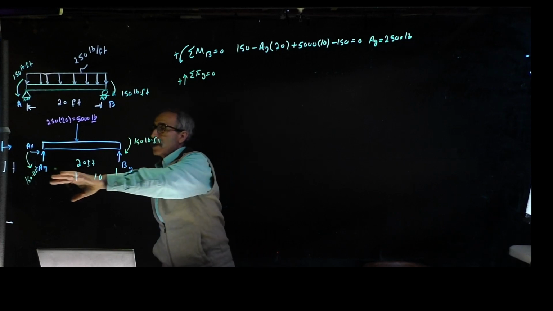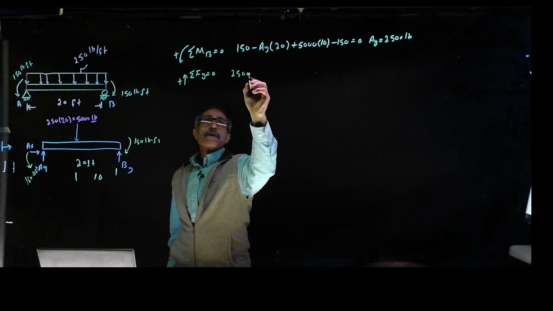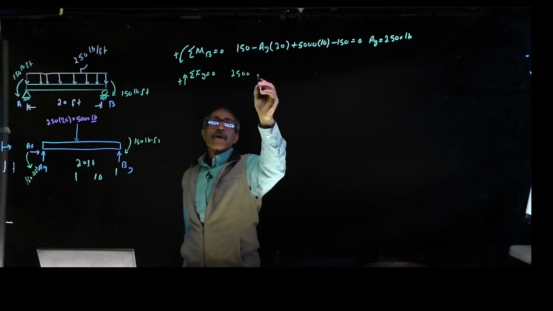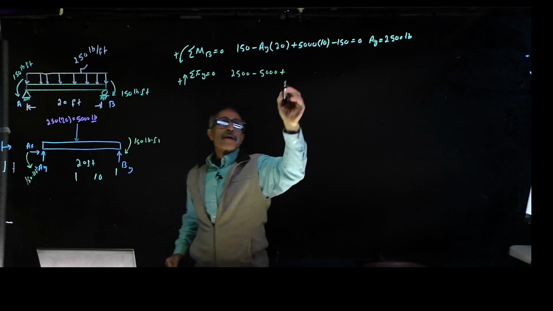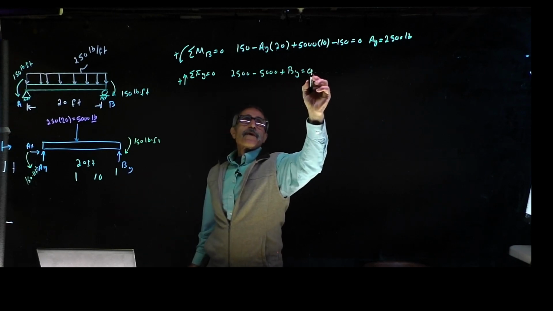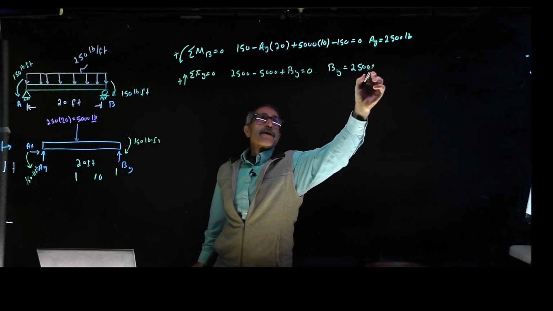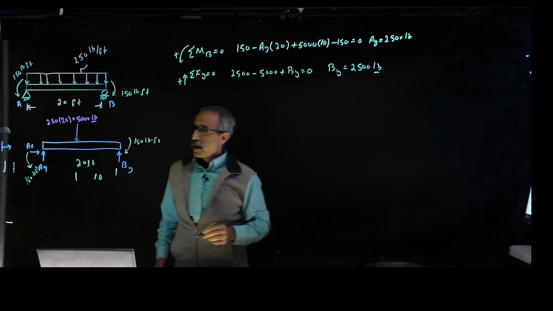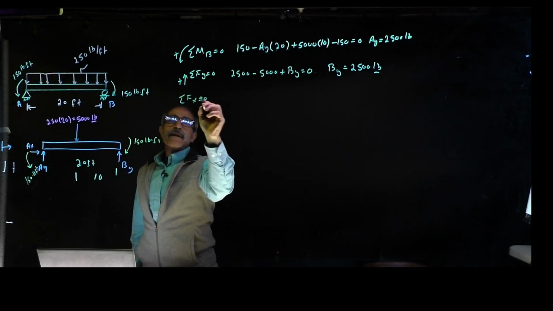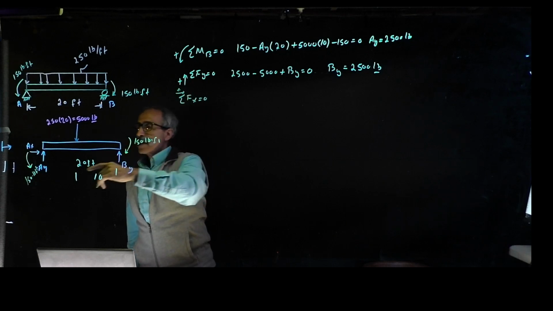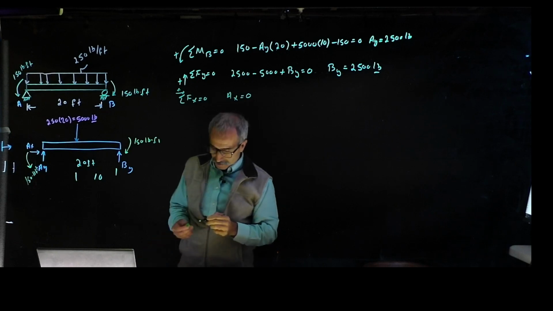So AY came out to 2,500, I have nothing else until I get to 5,000, minus 5,000, plus BY is equal to 0, and therefore BY also comes out to 2,500 pound. Summation of Fx is equal to 0, going to the right is positive, and there's nothing, so AX comes out to be 0. Perfect.